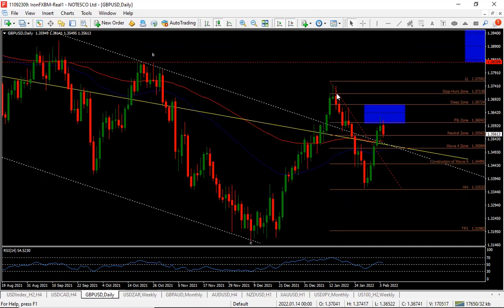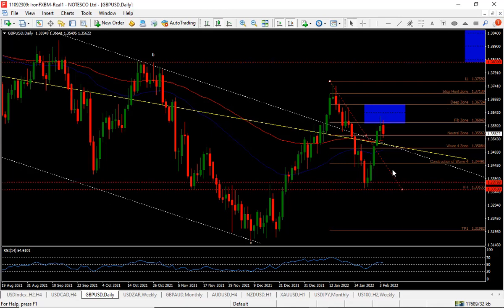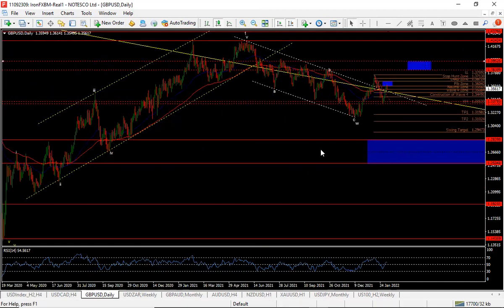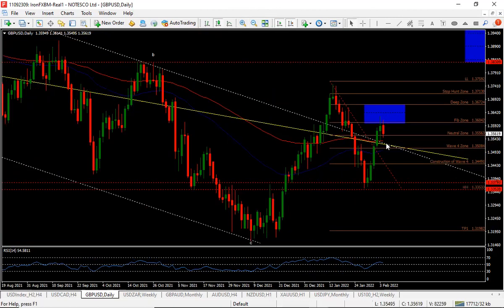And then now we've got A, then B, then we're expecting one more downward movement. So your first target is this zone, and then break below that zone, you're targeting down in this area. So all these confirmations, we're going to get them as of today.